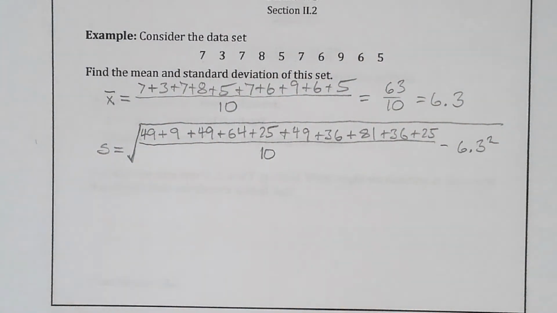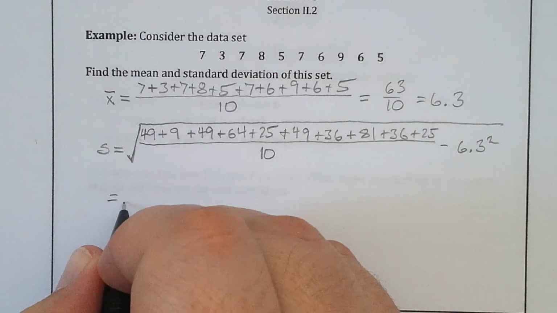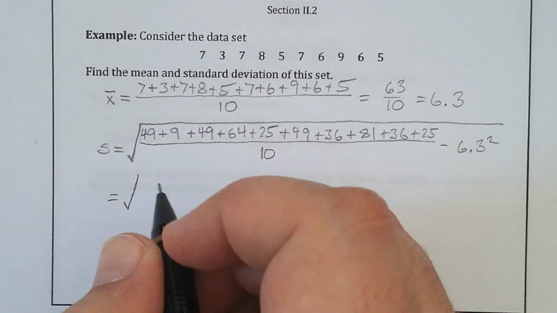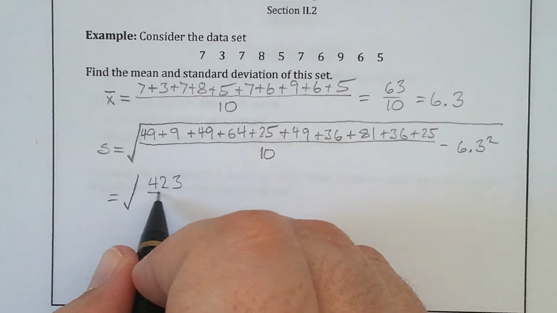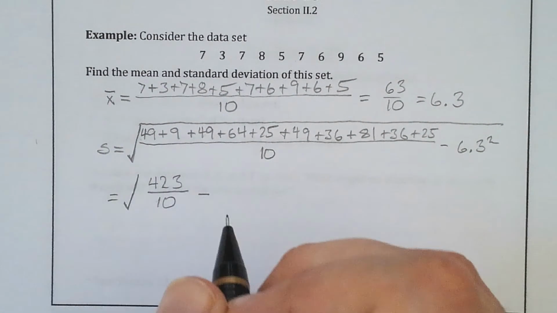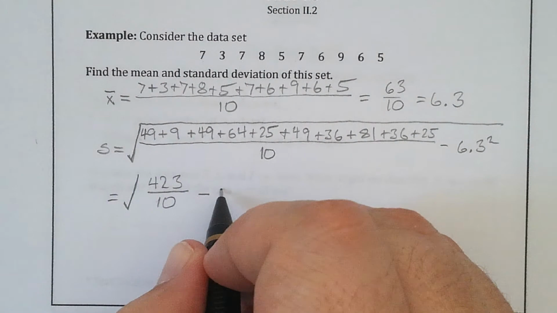Okay, so I'm going to add up those squares. I get 423 divided by 10 minus 6.3 squared.